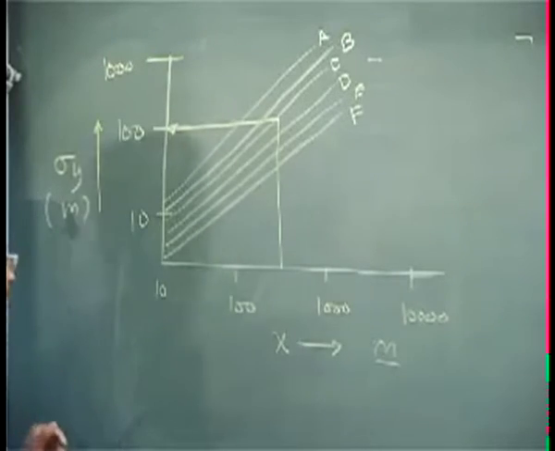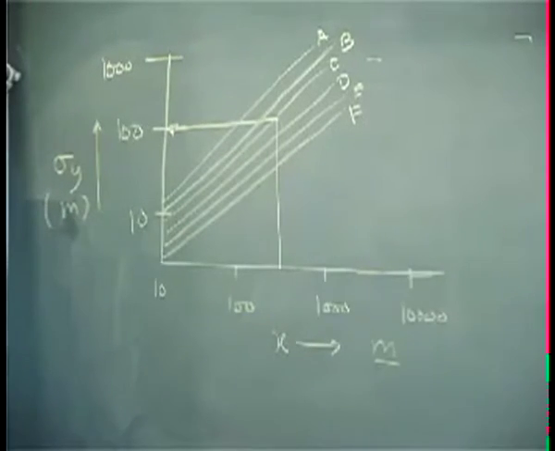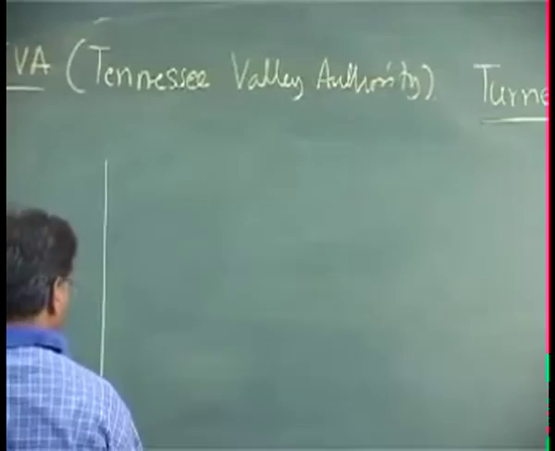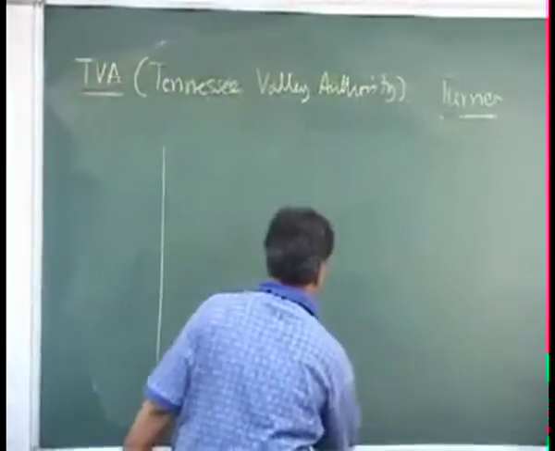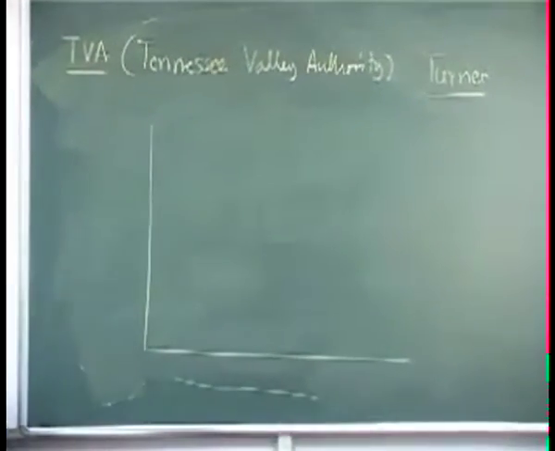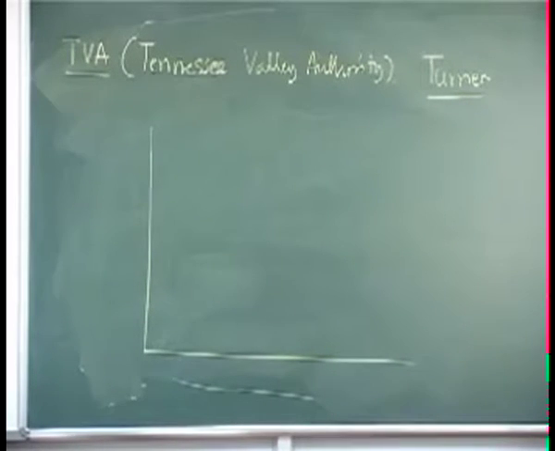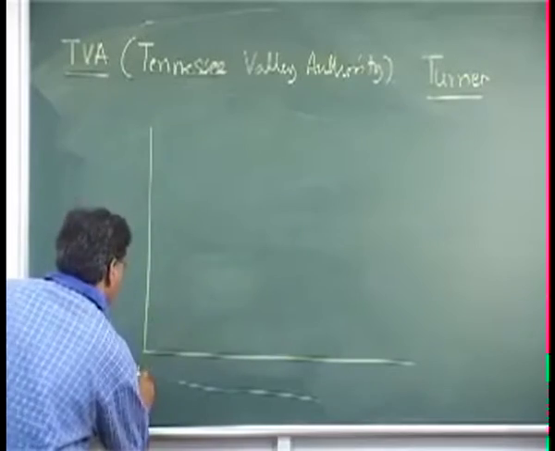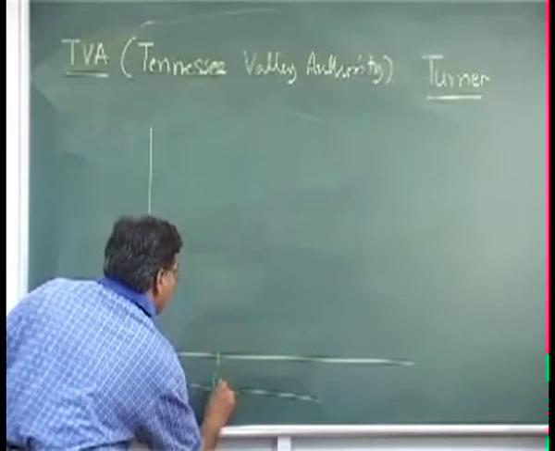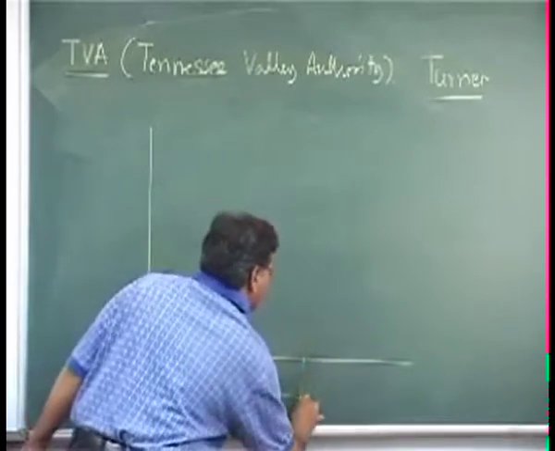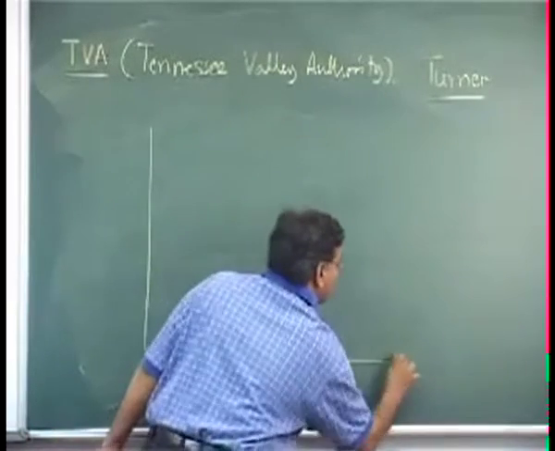Similarly, they did it for sigma z, which looks a little bit more curved. And by the way, don't forget that this side is also a log scale: 10, 100, 1000, 10,000.